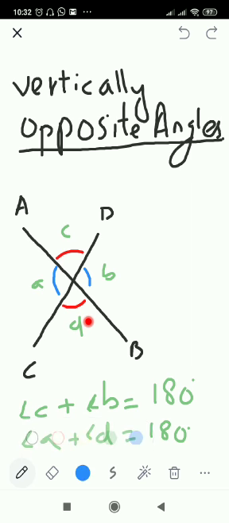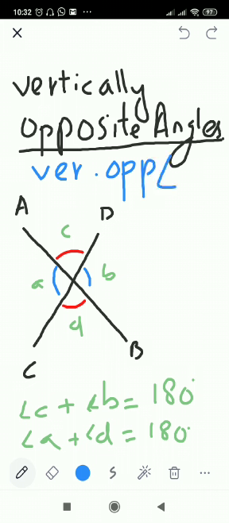We write it like this: VER for vertically, OPP for opposite, and the angles symbol. This is the abbreviation we use for this property, that when two lines intersect each other at a point, the angles formed are vertically opposite angles.